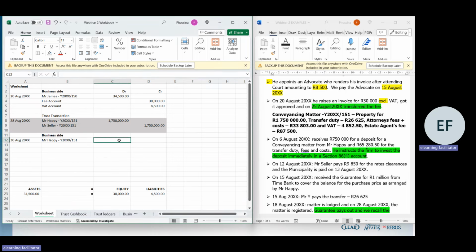How much are we debiting him? We are told it's 33,803 plus 4852.50. So where is this coming from? Here we are told. So remember, we said fee plus disbursement plus VAT.